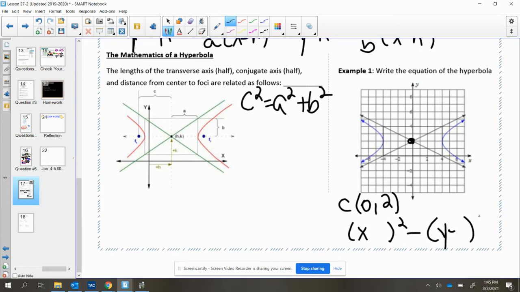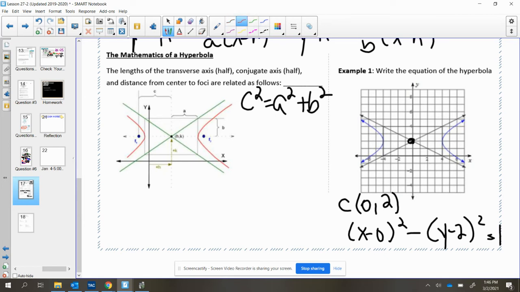Y is going to come second here, and then that's going to equal 1 as well. So we see again that our h value is actually 0. So something we can do here is just leave this as x squared eventually, and then while it's y minus 2.